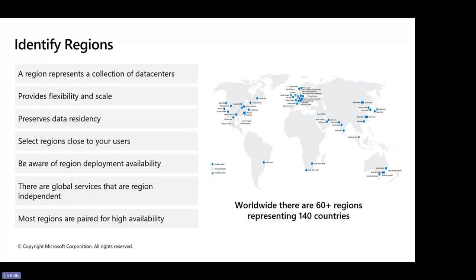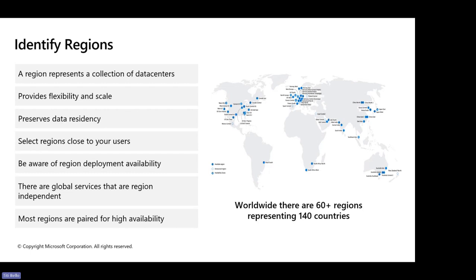Regions also help to preserve what we call data residency. Data residency in the sense that if you have a compliance requirement that says your data cannot leave the African region, it means if you're in Nigeria and you need to host your data in an African region, currently we do not have an Azure region in Nigeria.